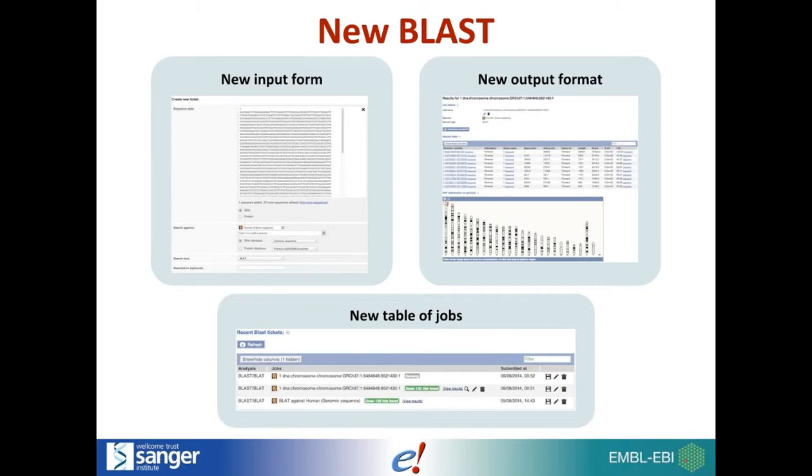The output format has changed as well. Hopefully, again, this will be a lot clearer to use. A lot of the links that you can go to are much nicer and easier to look at. And we have a table of jobs. So as you run BLAST jobs in Ensembl, you will now get a table showing you all the jobs that you've run, so you can go back to your previous queries much more easily.